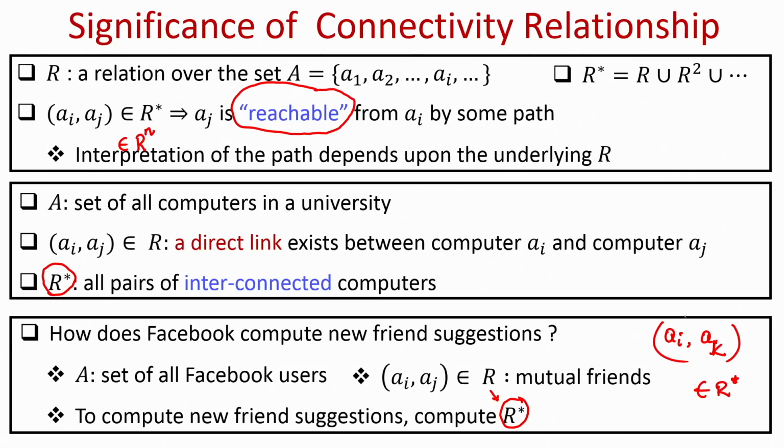That means, even though A_i and A_k may not be mutual friends, what Facebook can think is that it might be the case that A_i has not searched for the Facebook user A_k and vice versa. So, let us send a suggestion to A_i, asking whether you know the user A_k or not, and similarly to the user A_k, because A_i is directly related to some user A, the user A is related to user B, the user B is related to user C, and by a sequence of intermediate users you have A_i related to A_k.